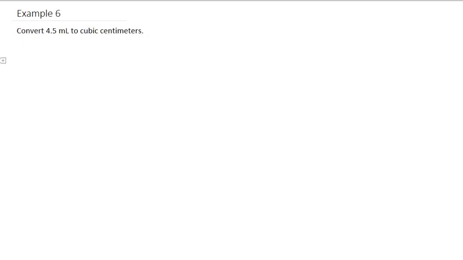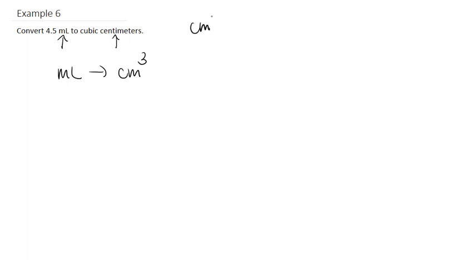Let's do another example. Example 6. Convert 4.5 milliliters to cubic centimeters. So here we're looking at volumes. So milliliters going to centimeters cubed. Also, centimeters cubed can be rewritten as cc. You can see either in this. Then we need to go 4.5 milliliters, and we need to get it into cubic centimeters.